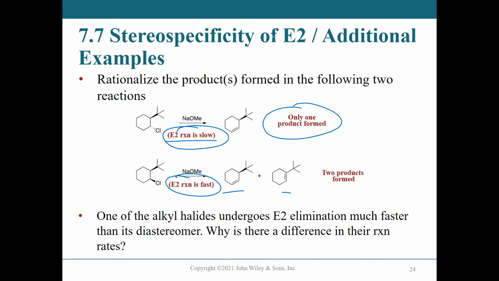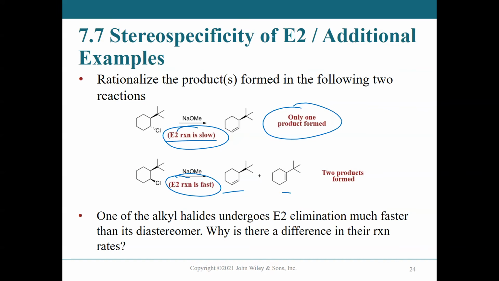So let me draw that problem. You have the Cl, ethoxide. It doesn't matter, methoxide, but it's ethoxide. This is slow, and we only get one product, the alkene here.